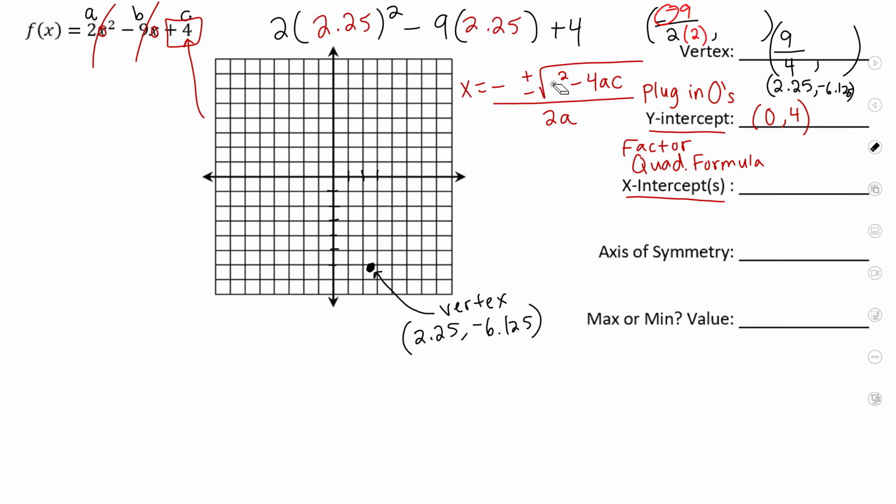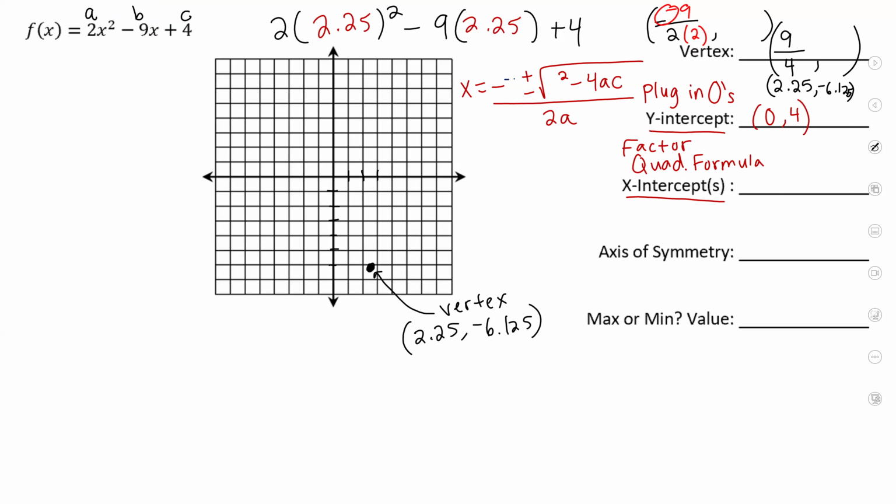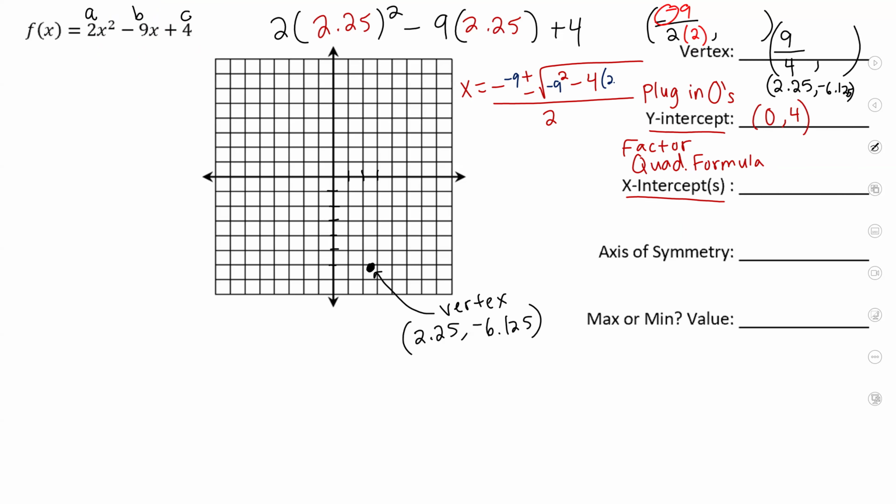So I know my b value is -9. My a value is 2. And my c value is 4. Okay.